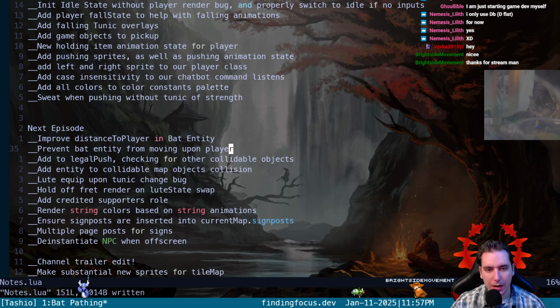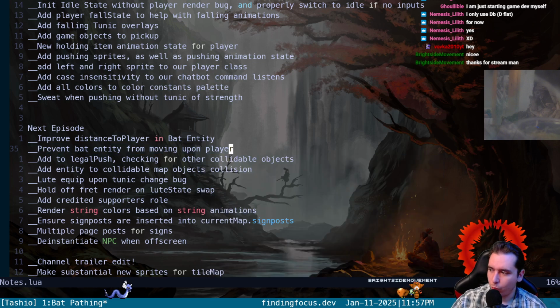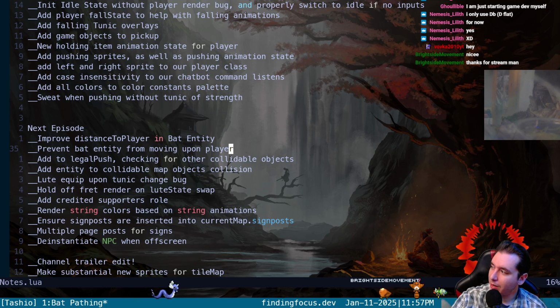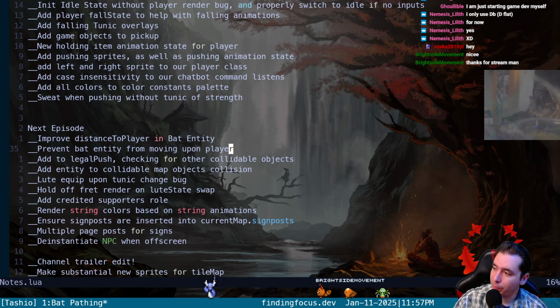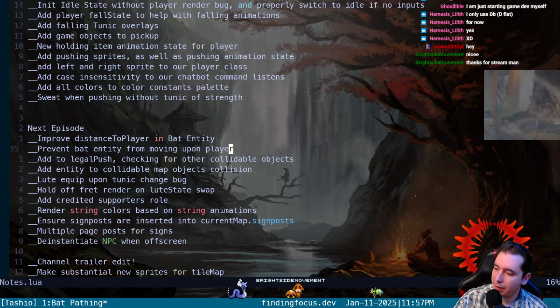Now, I do think once we get touched, we get knocked back by the bat, and that increases the distance to our player. And if our distance to our player is greater than that 25 pixel threshold of distance, then we're going to start updating our bat by the displacement X and Y. And we didn't flush that. We took that out.